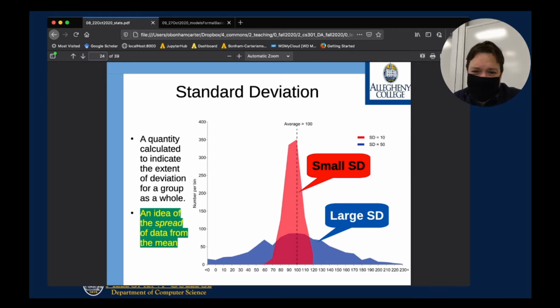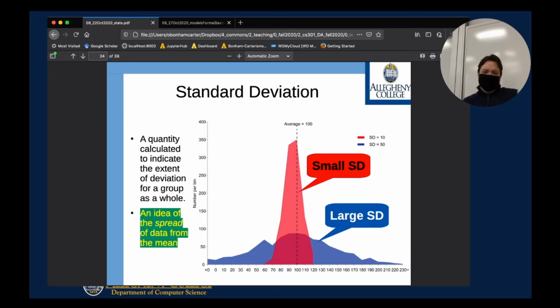In the red version, for instance, of the small standard deviation, I see that my x values begin at x equals 60, and they end at about x equals 120. That means that all my values are snug between 60 and 120. Whereas for my larger standard deviation, my values for x are spread out throughout the entire plot.